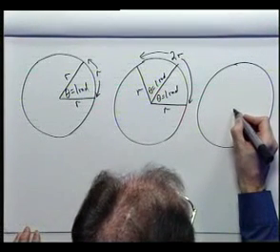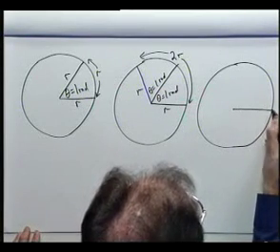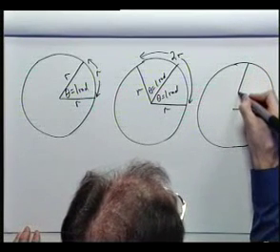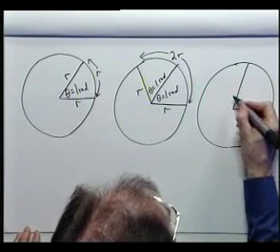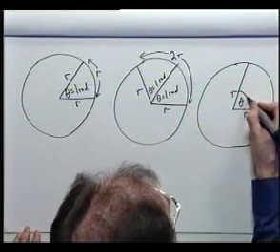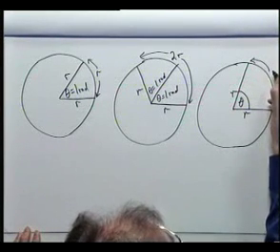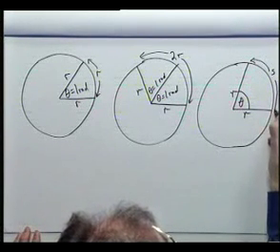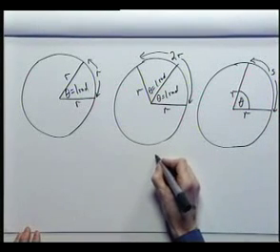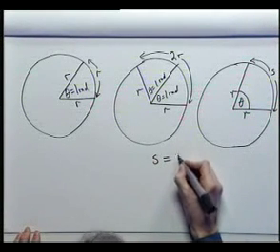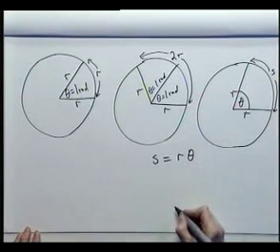And so that gives us a general formula that if we have any angle theta subtended at the centre of the circle, then the arc length s around there is given by s equals r theta.